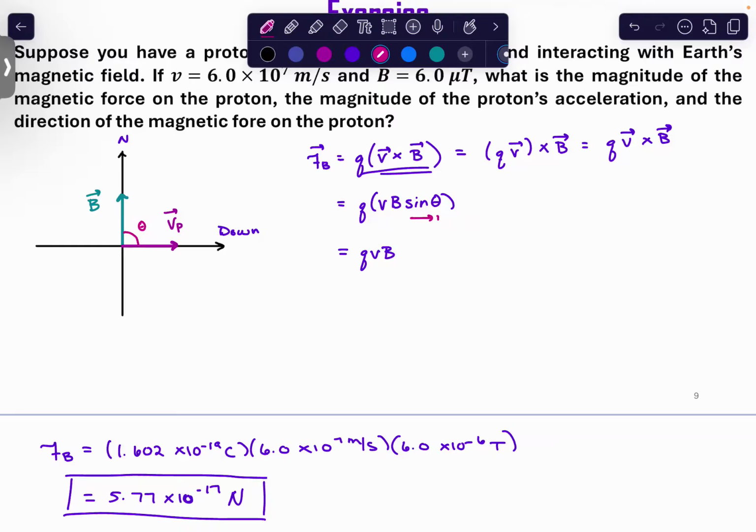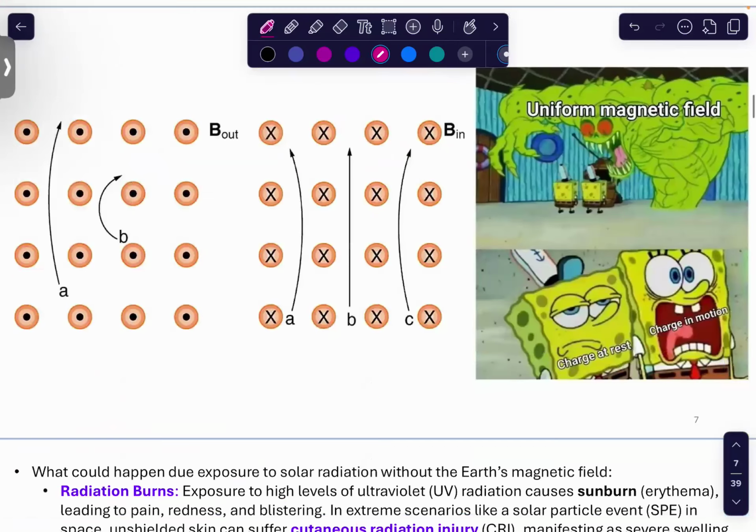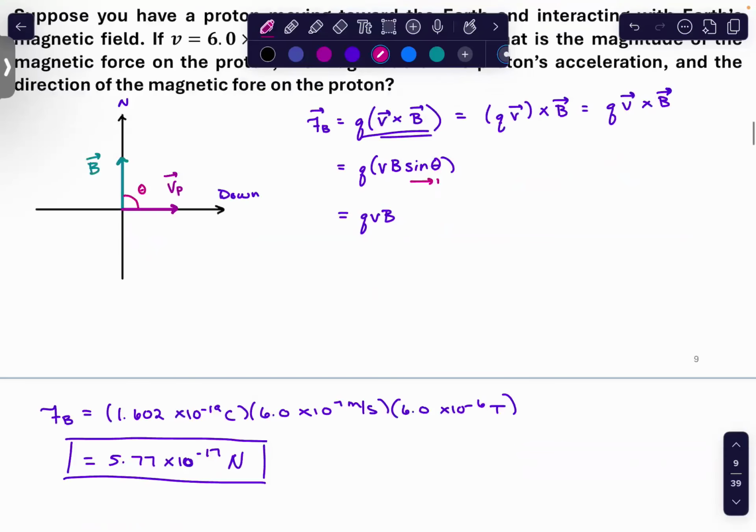Fingers in the direction of velocity, curl into the force. If the magnetic field was going down, you would curl that way. Yeah, so that means it's coming out of the screen? So how do I represent that? Dot. So it's a force, a vector coming out of the screen.